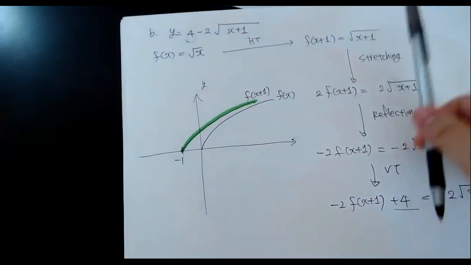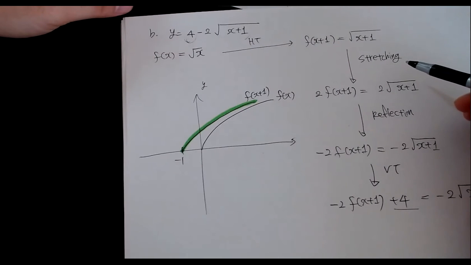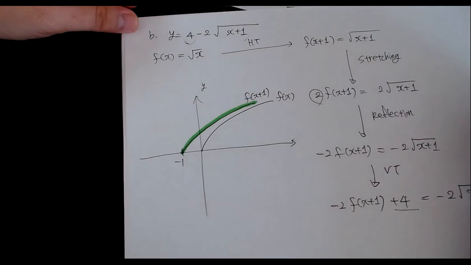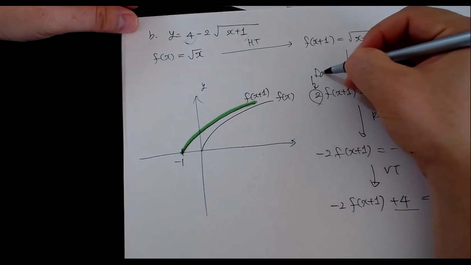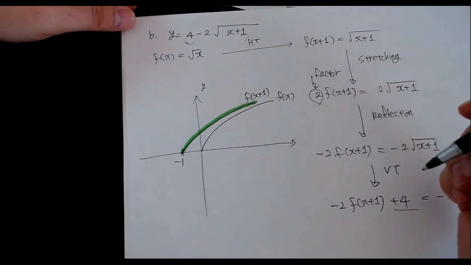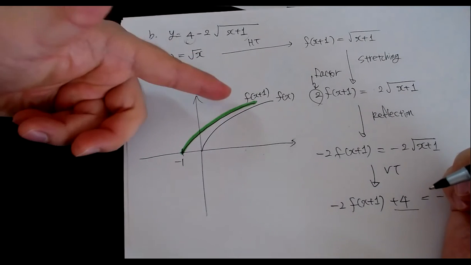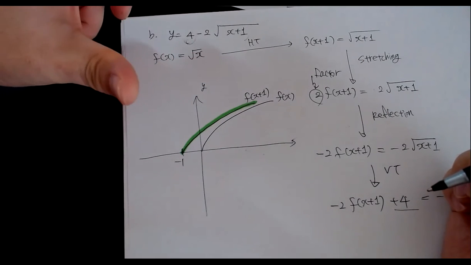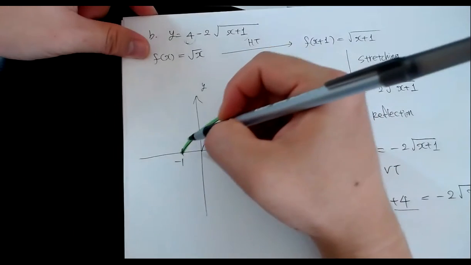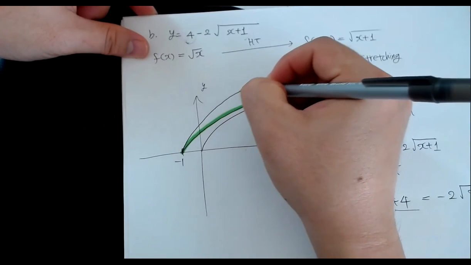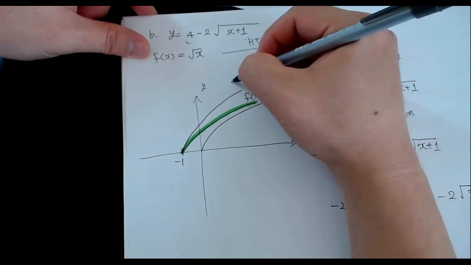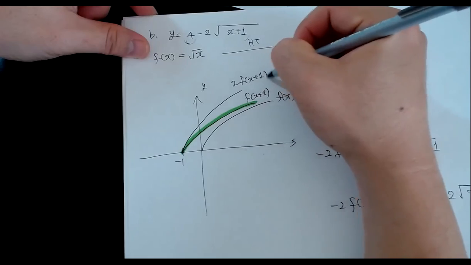And now we stretch by a factor of 2. See that? By a factor of 2. It means that the graph of f of x plus 1 will be elongated, right? So we get this. That's going to be 2 times f of x plus 1.